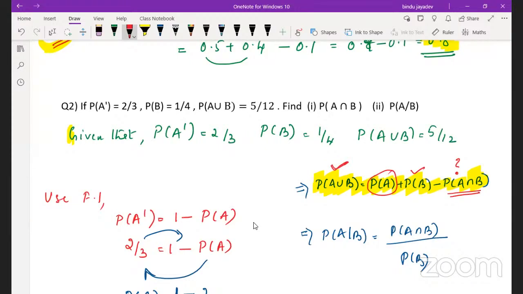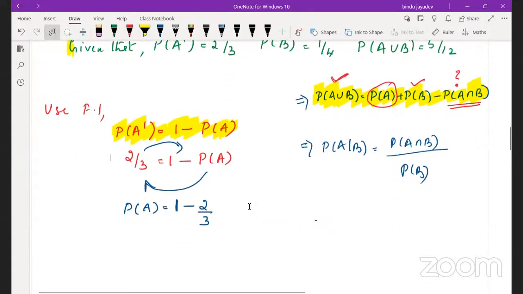But can you find probability of A? Think about it that way. Yes, we can find it. Which formula can we use? For the complementary event, formula number 1: probability of A dash is equal to 1 minus P of A. Now there are two things here, please listen.